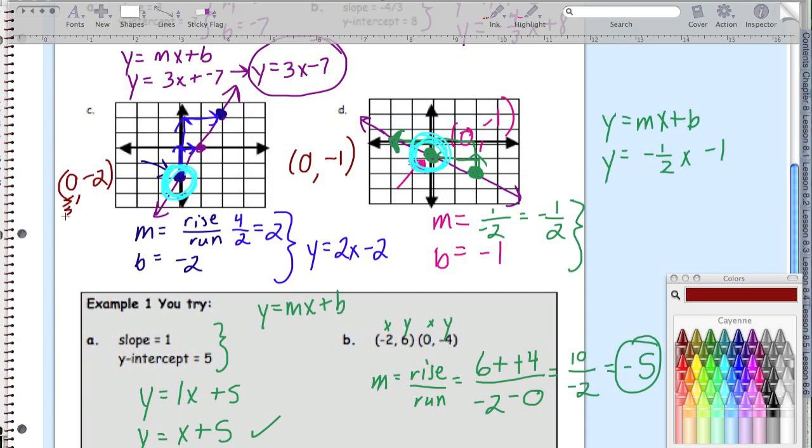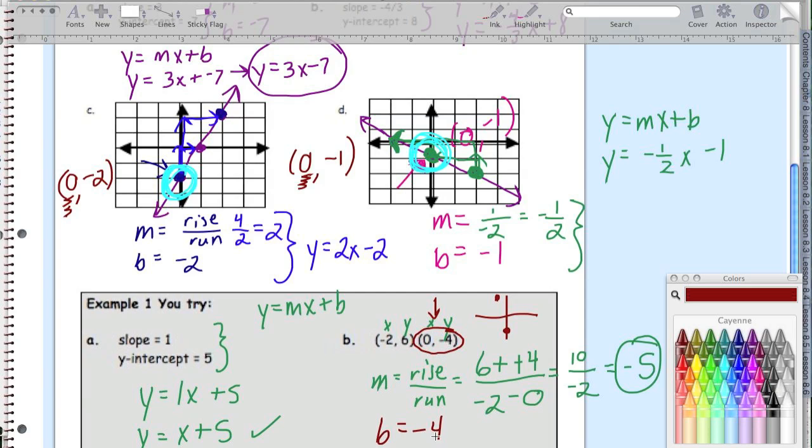Notice my x value is going to be 0 when I have my y-intercept. And what do they give us in this problem? Same thing. An x value that is 0, my y-intercept is -4. If I were to plot these 2 points, it would look something like this, and notice it's crossing at 0, -4. So whenever they give you a point, 0, comma, and then a number, that's going to be your y-intercept.